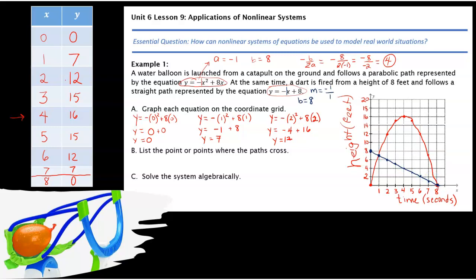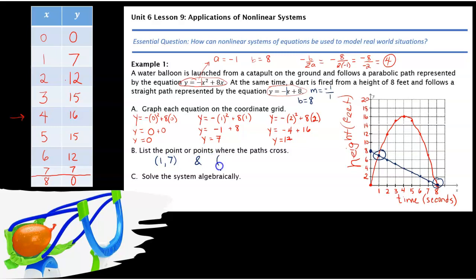And when we're solving these nonlinear systems, we sometimes have more than one solution. Our solutions here are the two places where our graphs have intersected, there and there. So one point is the point 1, 7.